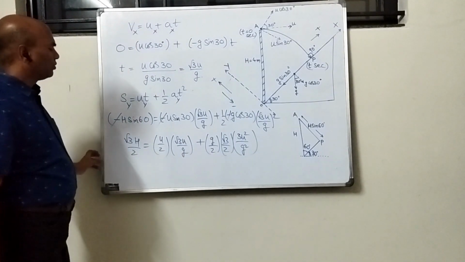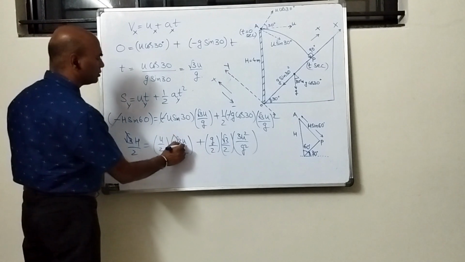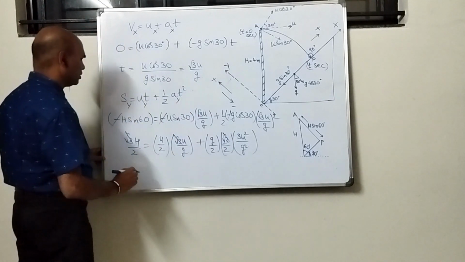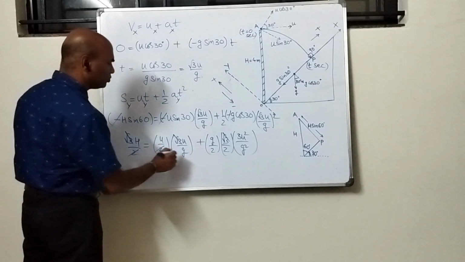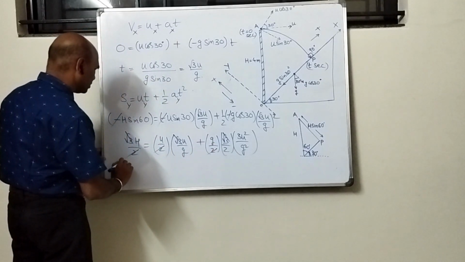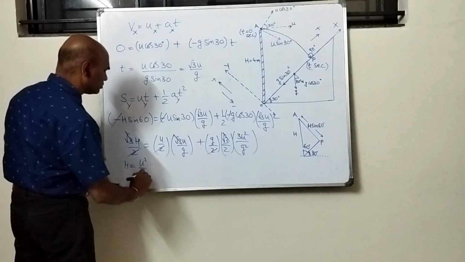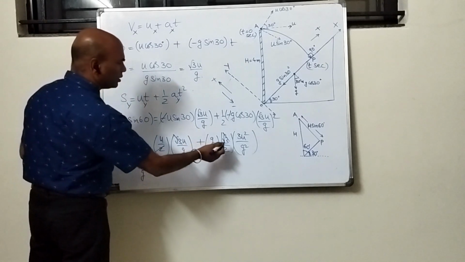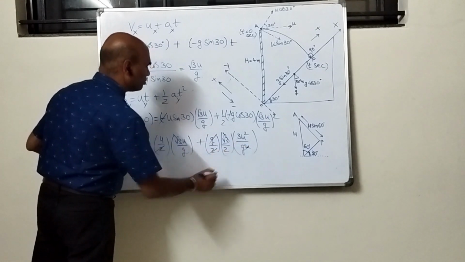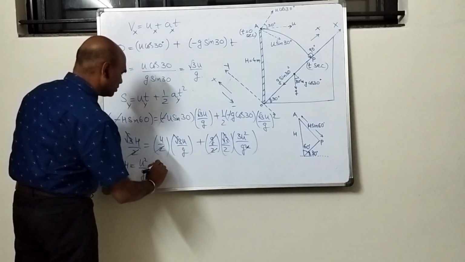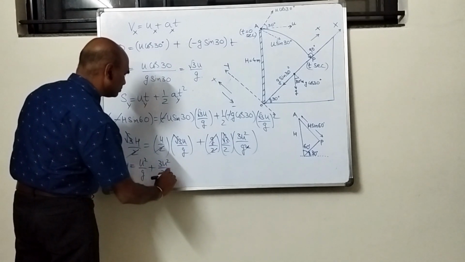The first thing we can do is cancel root 3 on either side. One more thing, we can also cancel 2. So it becomes h is equal to u square by g plus, and here we can cancel g, one g in the denominator, so it becomes 3u square by 2g.